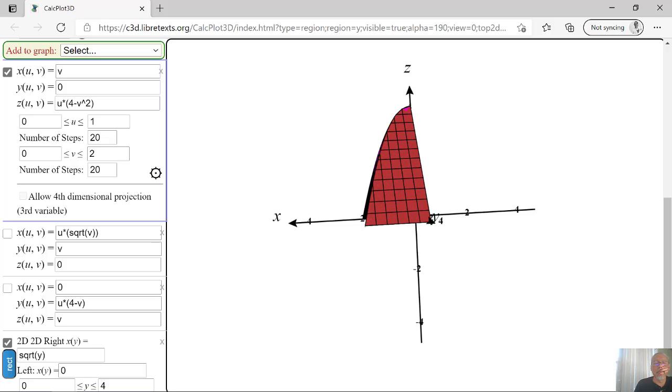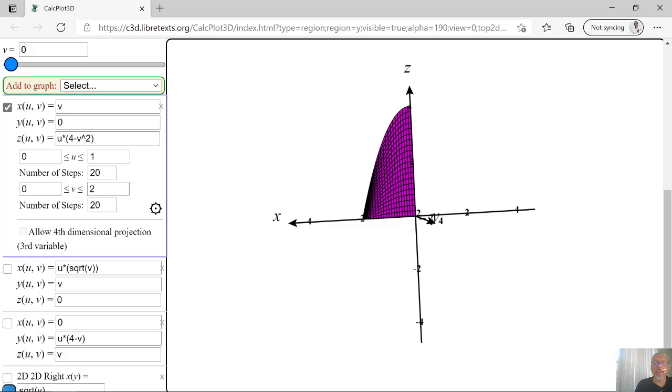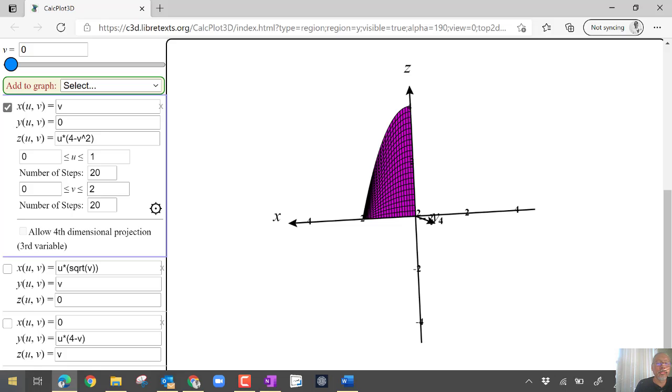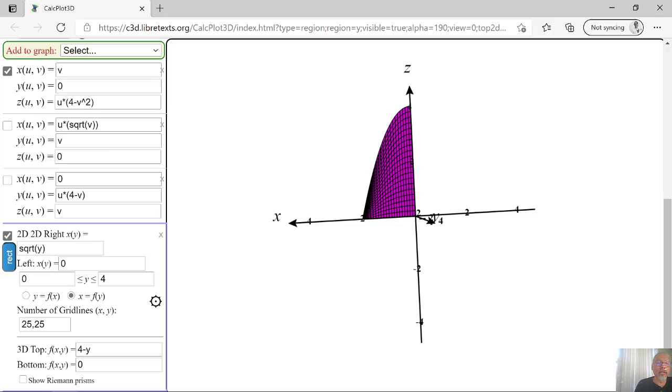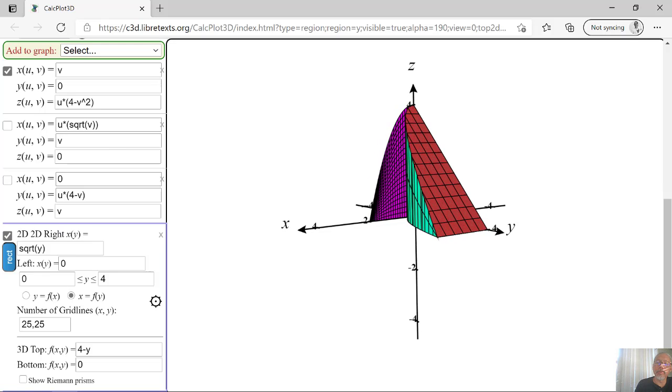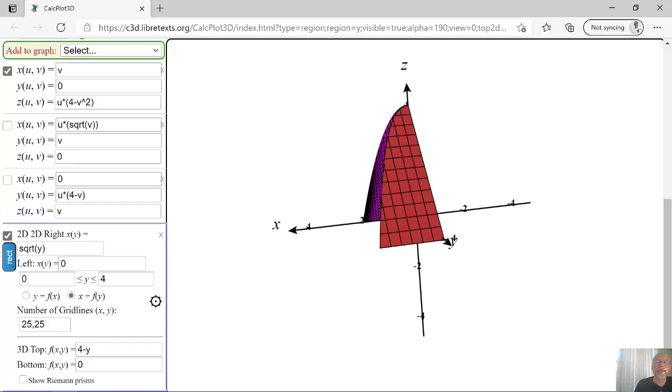So one thing we can do is we can make that region disappear again, see just the shadow part. And then you can look at this from different points of view, so you can see how the region itself looks like and how the shadows look like on the remaining two variables after you have integrated with respect to one of them. Okay.